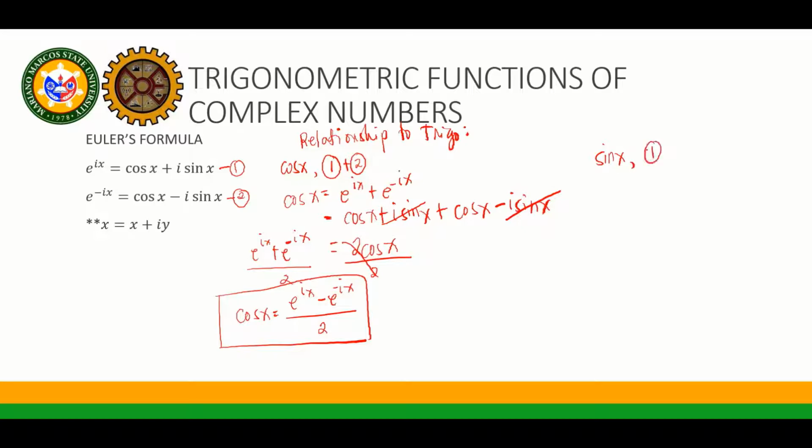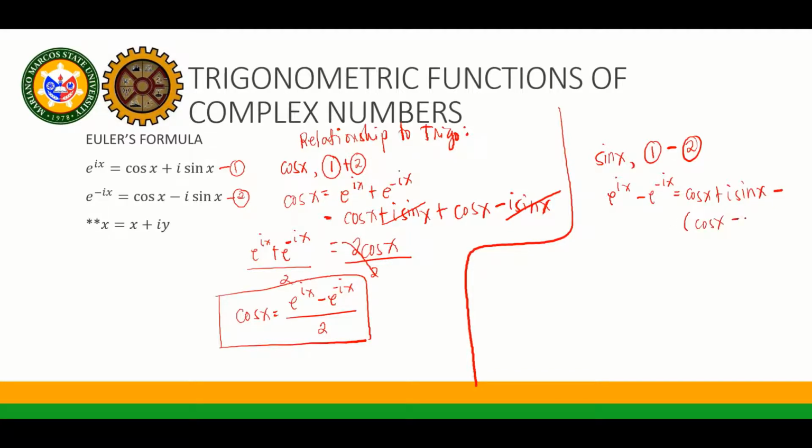Now, how do we solve for sine x? If we added for cosine x this time, we will subtract. So, this will be equal to e raised to ix minus e raised to negative ix, which is equal to cosine x plus i sine x minus, so minus cosine x minus i sine x.